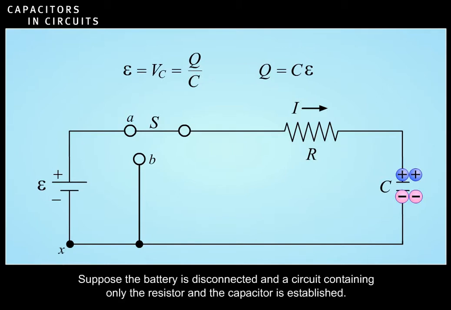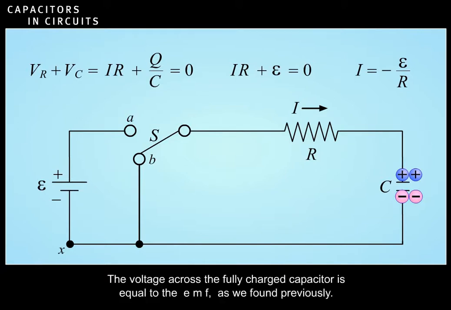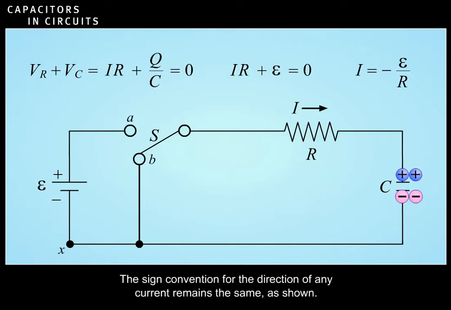Suppose the battery is disconnected and a circuit containing only the resistor and the capacitor is established. We can apply the loop rule to this situation. The voltage across the fully charged capacitor is equal to the EMF as we found previously. The sign convention for the direction of any current remains the same as shown.